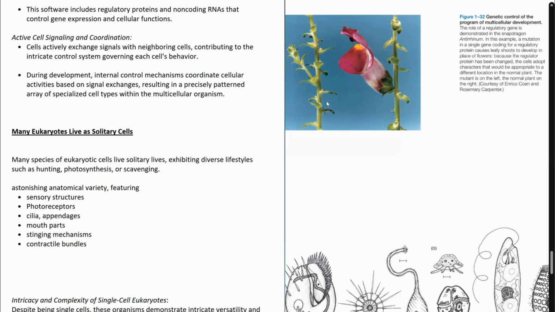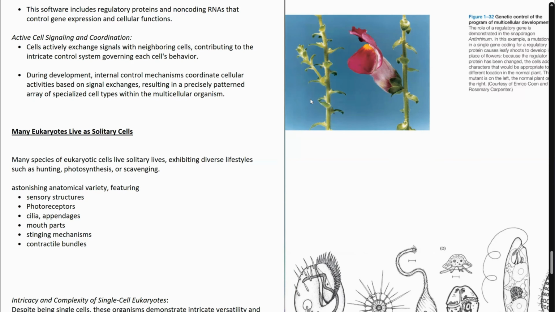But if you have a mutation in a single gene that codes for a regulatory protein, instead of flower development you would have leafy shoots growing. So gene regulation can definitely influence formation and structure, based on what is being turned on and turned off.